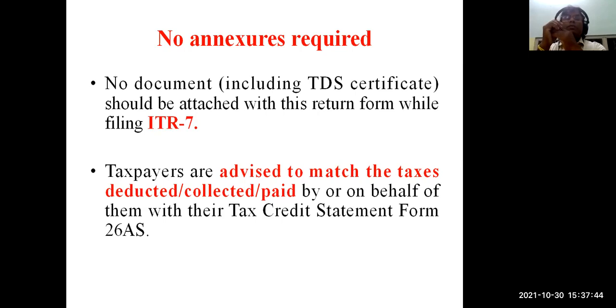But the taxpayers are advised to match the taxes deducted, collected and paid by or on behalf of them with the tax credit statement, Form 26AS. So you are advised to match the TDS, TCS, or tax paid figures with the supporting document, but the documents need not be attached as NFCRs.